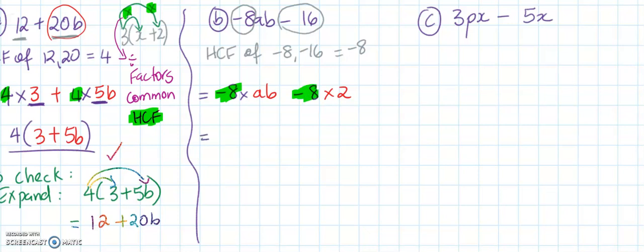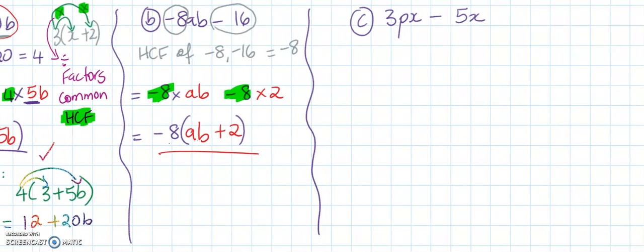Common numbers will go outside, which is negative 8 outside the brackets. And inside the brackets, we have ab, and this is just 2 or plus 2, so plus 2. So that gives us, let's check, negative 8 times ab is equal to negative 8ab. Negative 8 times 2 gives us negative 16. So therefore, that's correct as well.